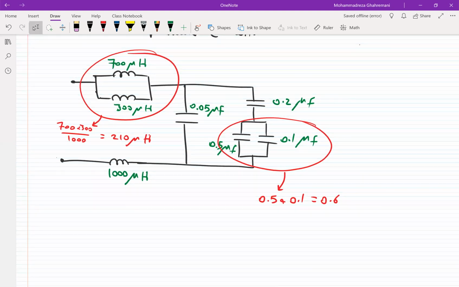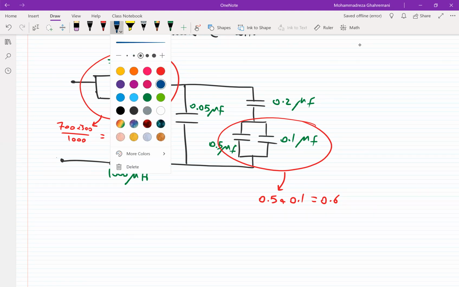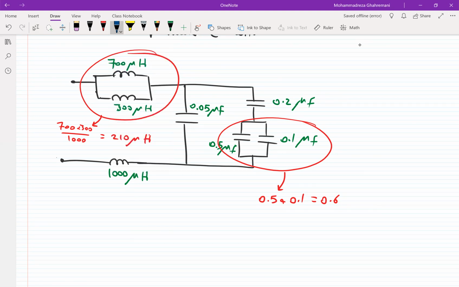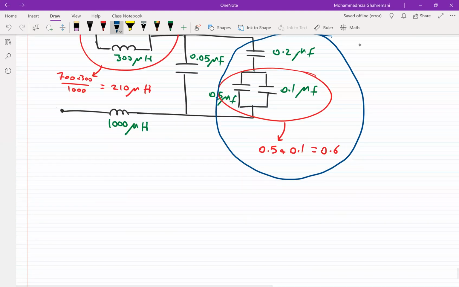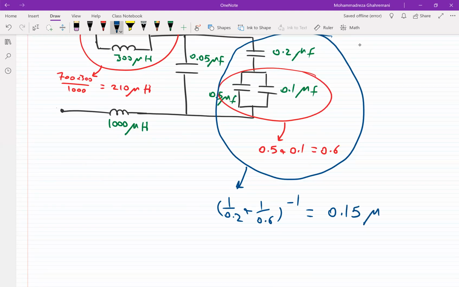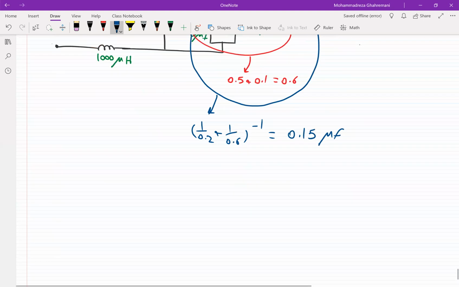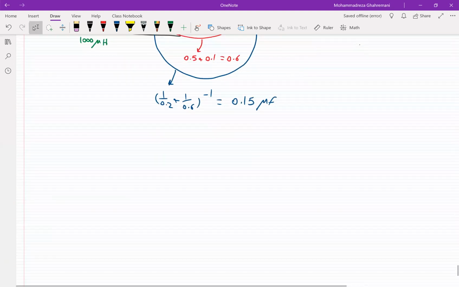And then we can say 0.6 microfarad is in series with 0.2 microfarad. So it gives this value: (1/0.2 + 1/0.6) to the power of -1, which is equal to 0.15 microfarad. And we will have this circuit.